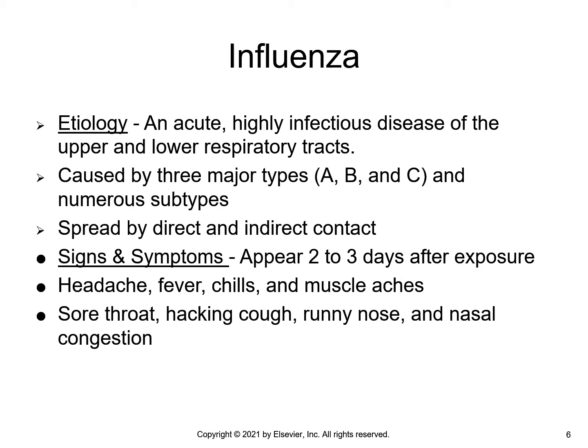For influenza, the inflammation may involve the lungs, the pharynx, the sinuses, as well as the eustachian tubes. The damaged tissue will provide an environment for the growth of bacteria that can cause a secondary infection. The virus is usually shed for 1 to 2 days before the onset of symptoms.